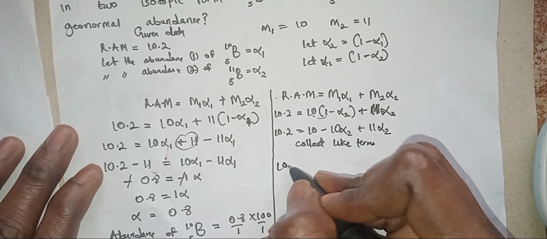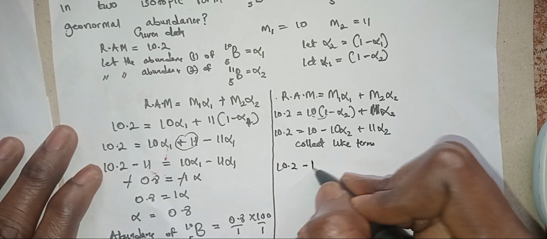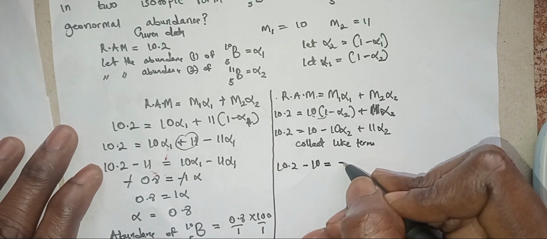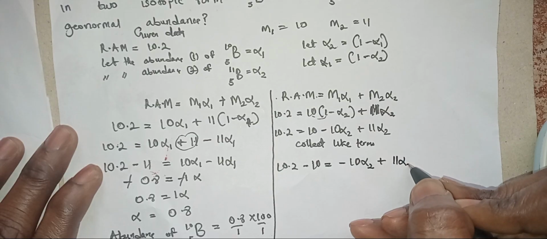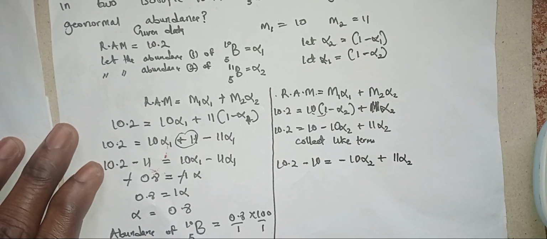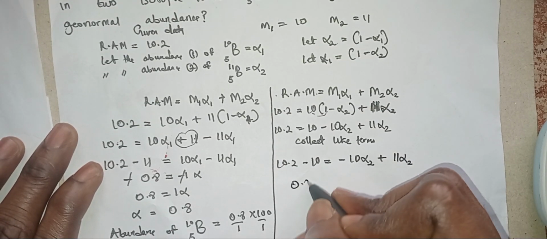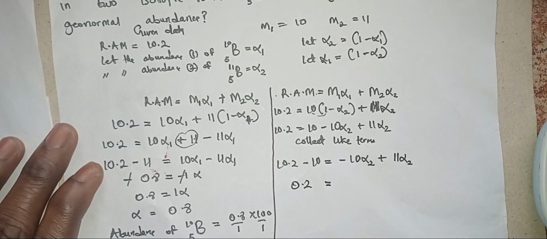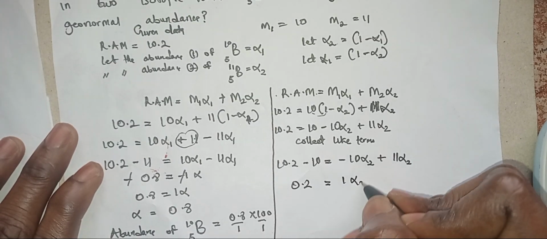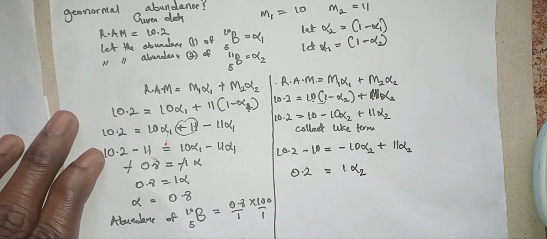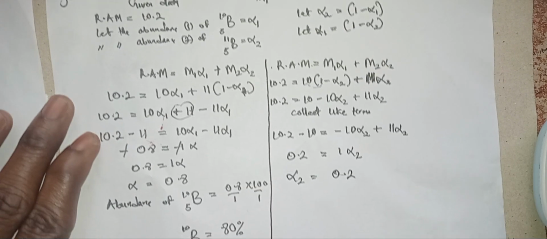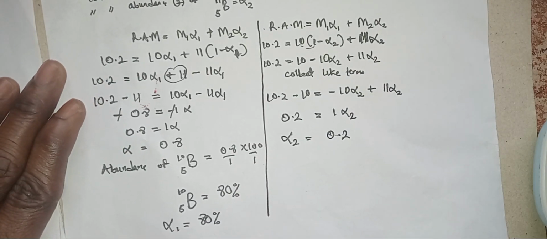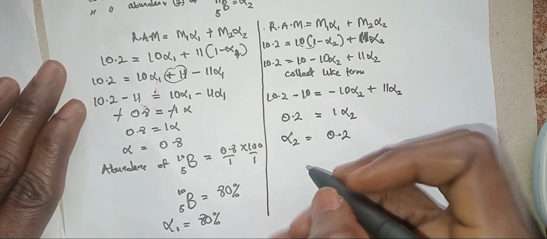So we are going to have 10.2 minus 10 equal to negative 10 abundance 2 plus 11 abundance 2. So this one is going to give us 0.2, and the other one is going to give us 1 abundance 2. So our abundance 2 now is going to be 0.2. Remember, we are not going to stop here because our abundance is always mentioned in percentage.